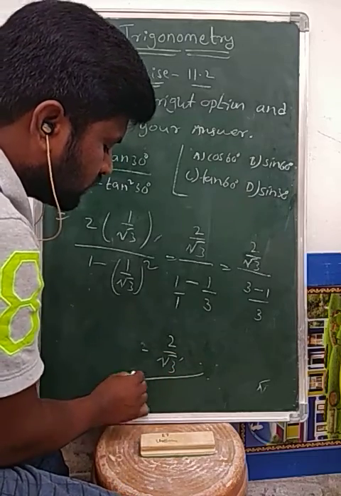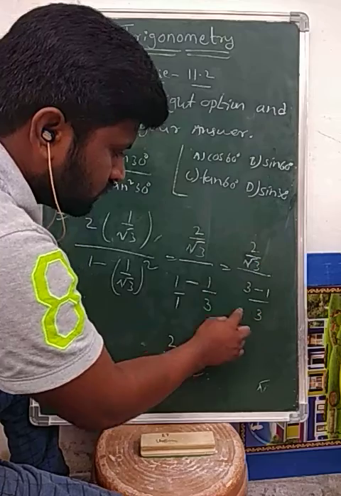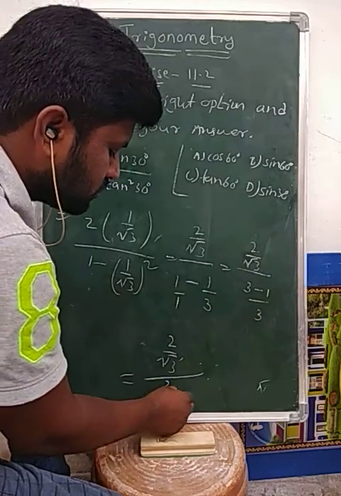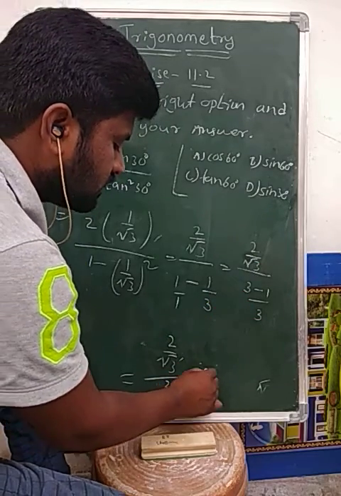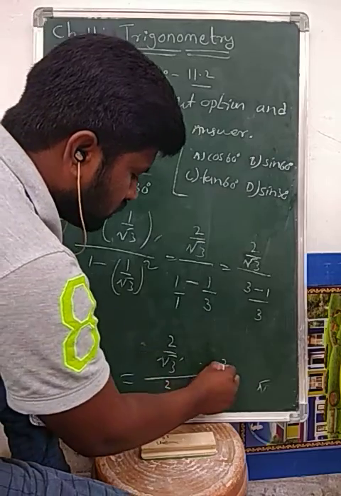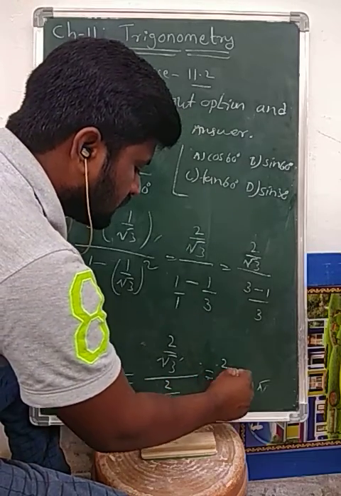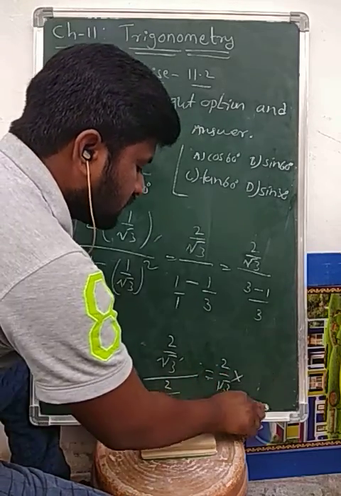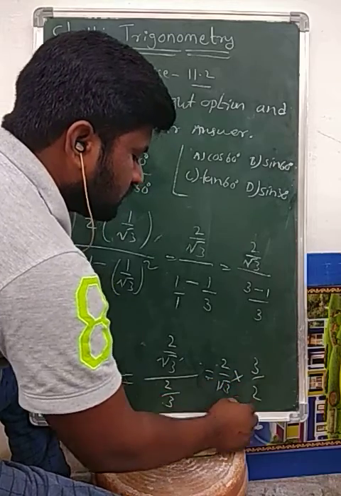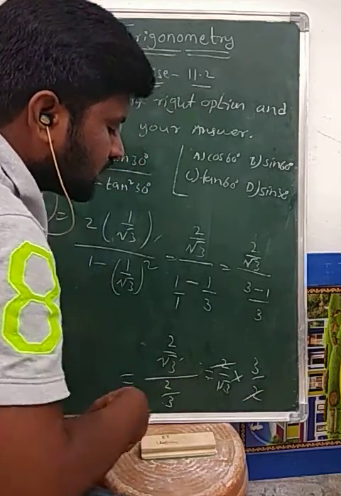2 by root 3 means 2 by root 3 only. 3 minus 1 means that is 2 by 3. Now what I am doing here, 2 by root 3, the reciprocal of 2 by 3, that is 3 by 2. 2 cancel.